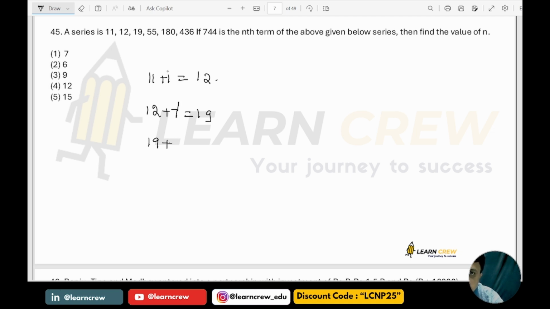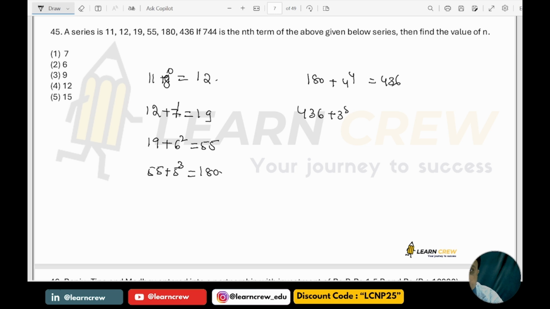So it is 7 power 1, 8 power 0, 6 square. Then 55 plus 5 cube is 180. Similarly, 180 plus 4 power 4 is 436. And 436 plus 3 power 5.